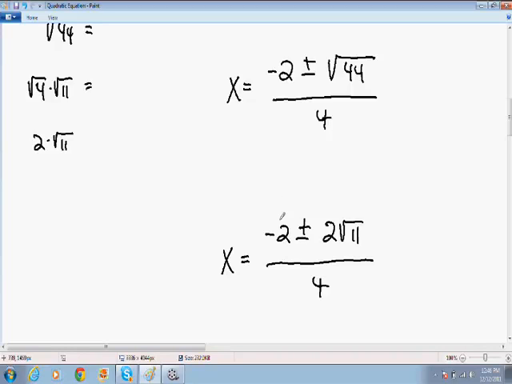We have 3 terms: a negative 2, a 2 square root of 11, and a 4. And if you notice, all those 3 terms have a common factor of 2. Negative 2 can be divided by 2 easily, 2 square root of 11 can be divided by 2 easily, and 4 can be divided by 2 easily. So since they all have a common factor of 2, we need to simplify this even more.